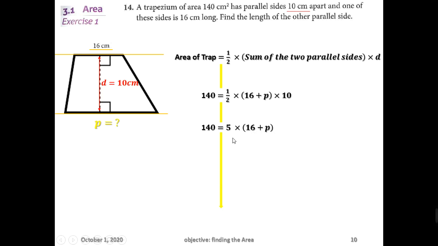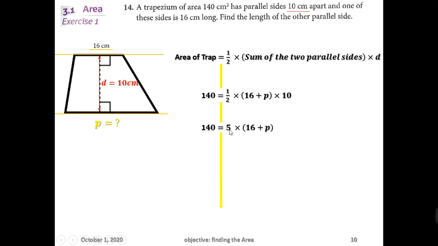Now, before you apply opposite operations, you have two options. You either apply opposite operations directly by dividing each side of the equation by 5 to cancel the 5 from the right side of the equation, because we're solving for P, we're making P the subject. Or the other option that you have is that you expand. So you insert the 5 into the bracket by multiplying the 5 by each term inside the bracket.